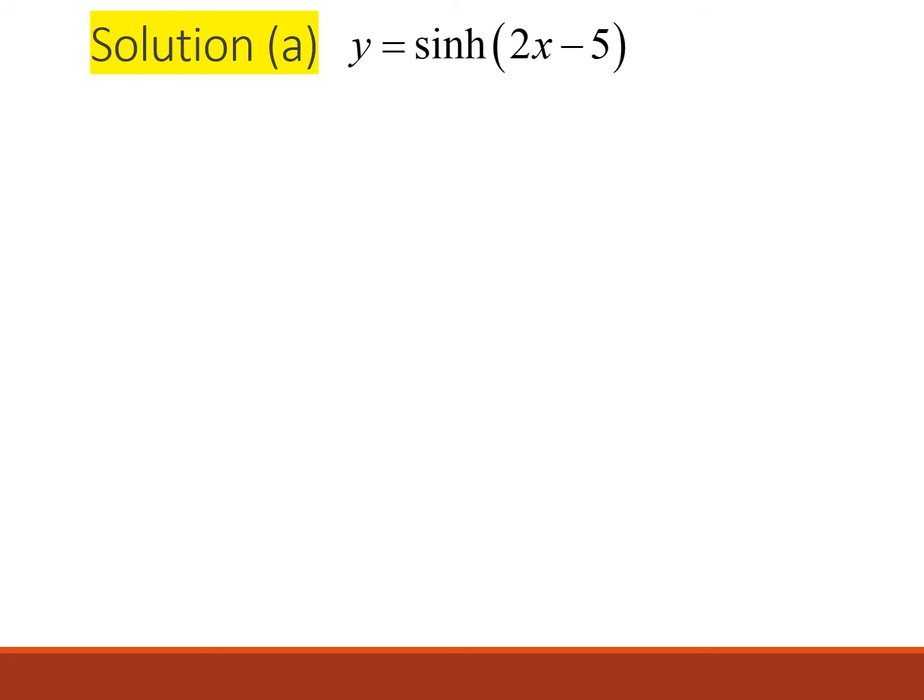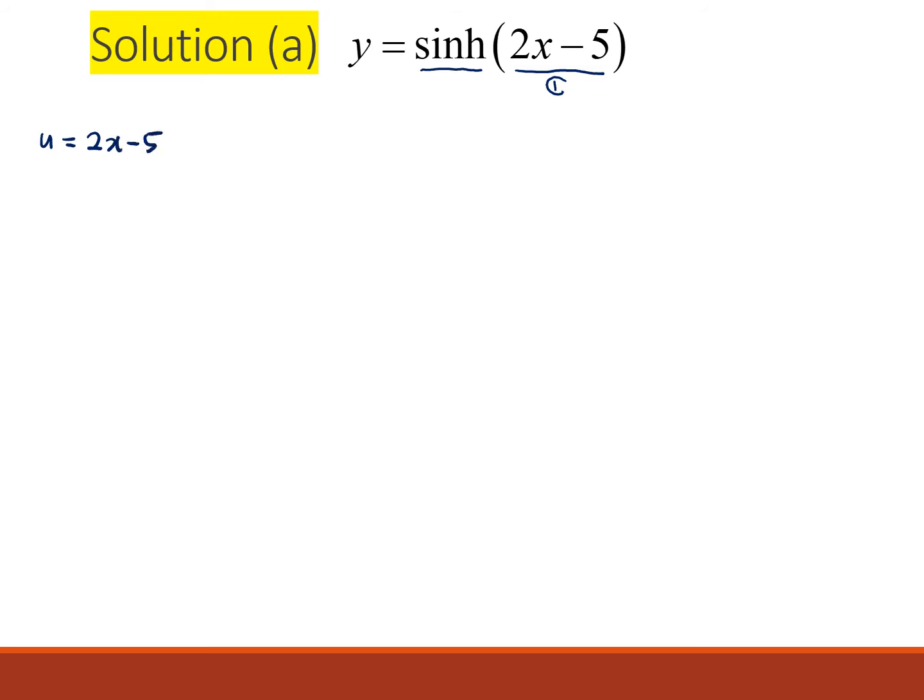The first method that I'm going to show you is to use the chain rule in order to solve this function. So we have a function of 2x minus 5, which is inside the function of sine hyperbolic. First we represent 2x minus 5 as a function of u, where u is equal to 2x minus 5.